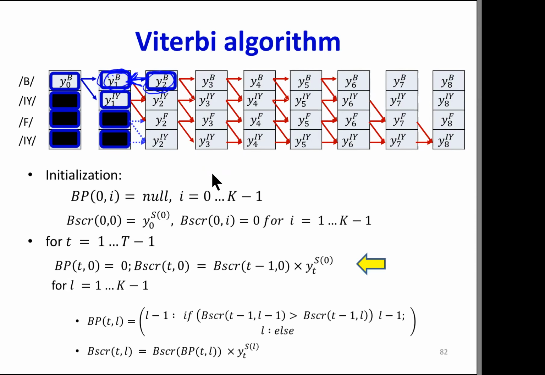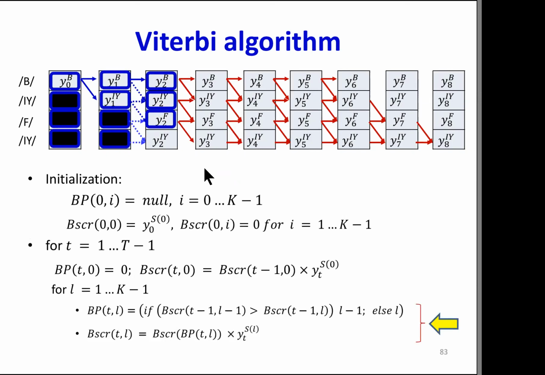And then for the subsequent nodes, for each node, you're going to find out which of its two parents has the higher score. It's either going to be the same row or the previous row. And if the node in the previous row has the higher best path score than the node in the same row, then the best parent is going to be L-1, where L is the row number.